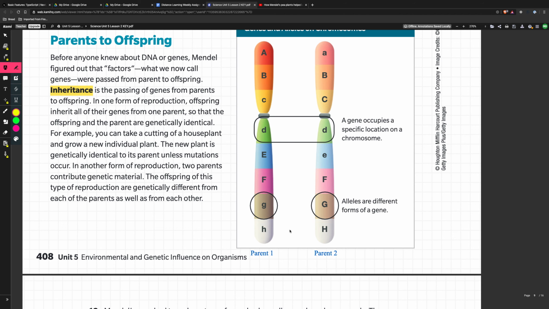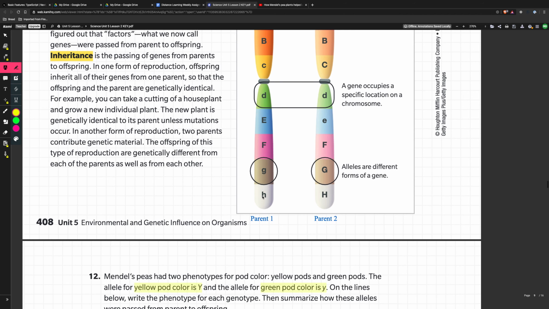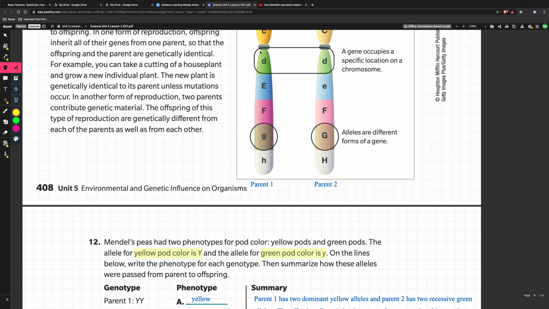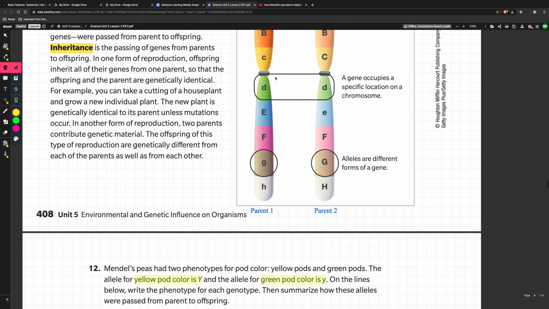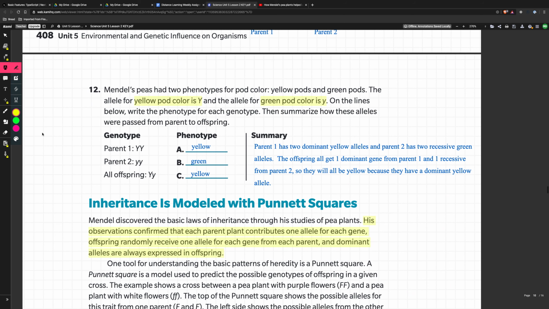Parent 1 has 2 chromosomes. When you look at its gene, it has 2 uppercase Y's, which means it's yellow. Parent 2 also has 2 genes. I guess I could draw these out.